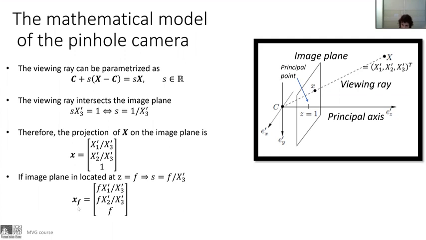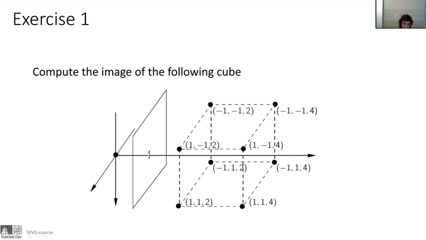I guess it's clear because maybe we are familiar with it even before the course. Okay, this is a naive exercise that you can try to do later on, to compute the image of the cube.